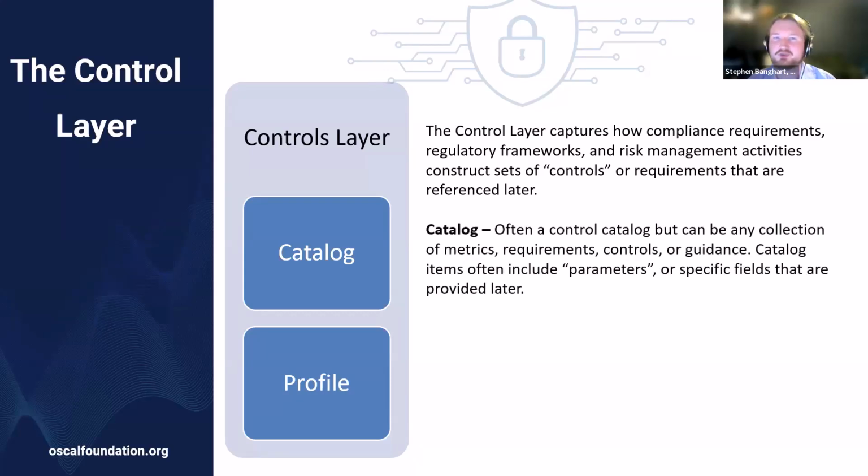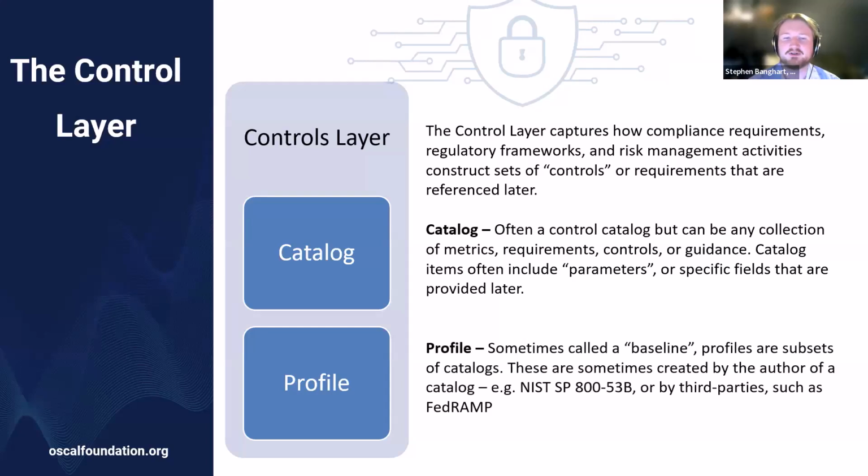This is often a control catalog, is the language that we use to describe this, but it can be any collection of metrics, requirements, guidance, and controls that make up some large document or set of things to represent a set of possible items to be referenced later.